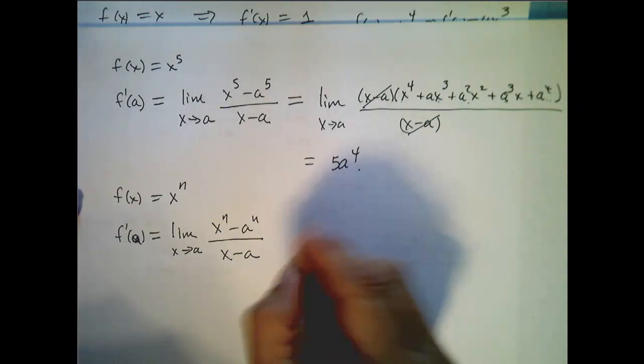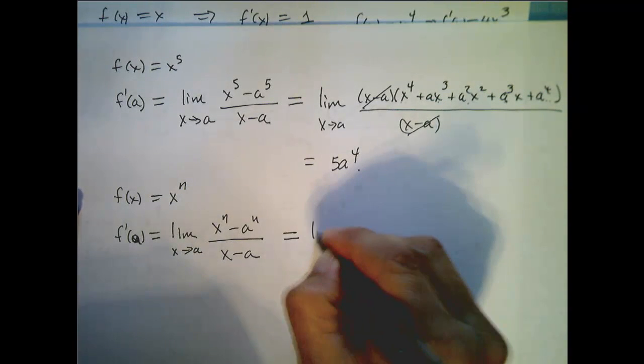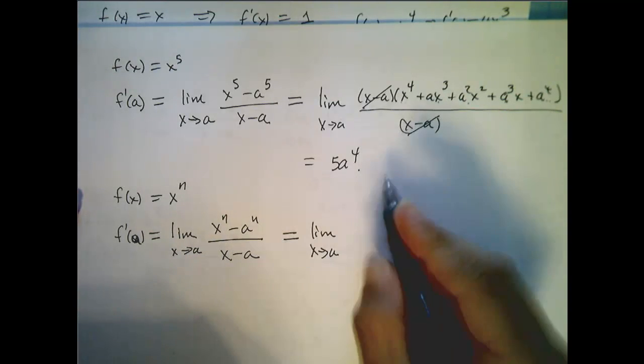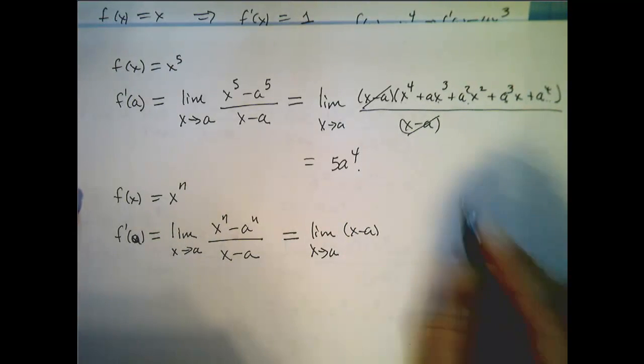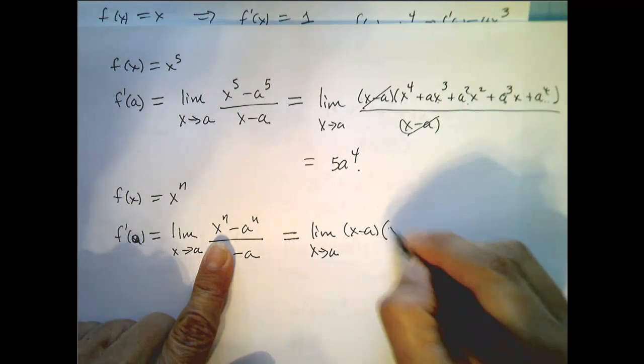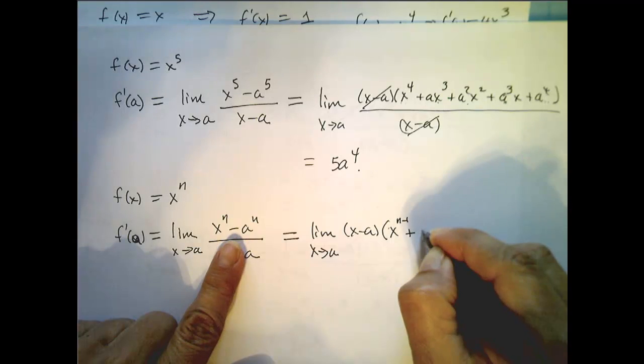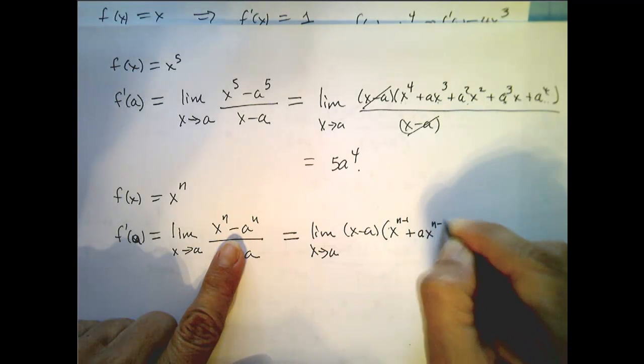Now here, if you have been paying attention and have deciphered the pattern, this factors to x minus a, and what do you think's left behind? x to the n minus 1 plus a times x to the n minus 2.